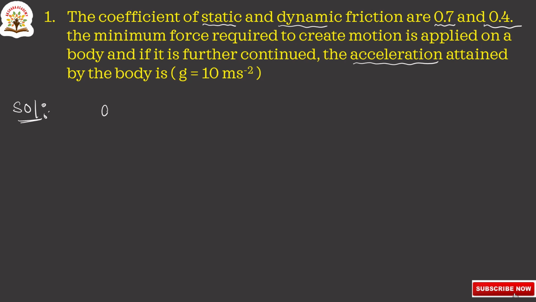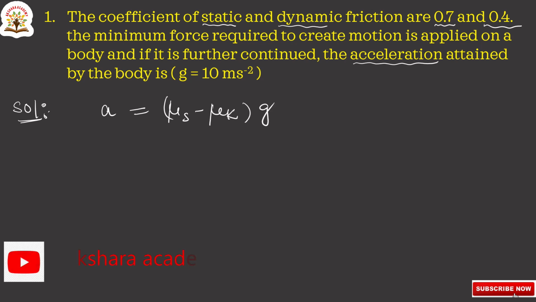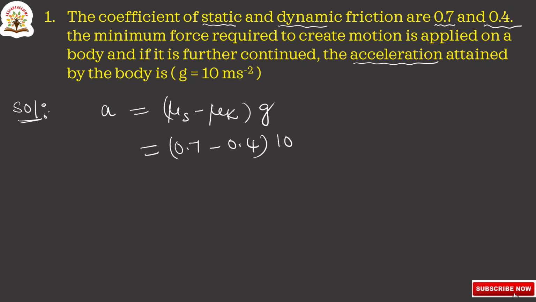A equals acceleration attained by the body, A equals mu s minus mu k into g. So mu s they given as 0.7 and mu k they given as 0.4, g they given as 10.